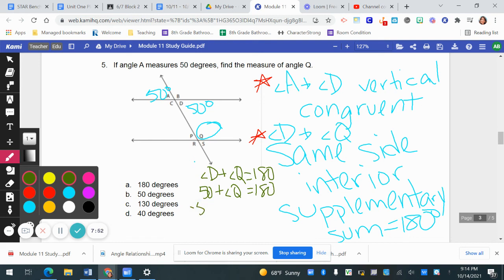Which means we would need to solve by subtracting 50 from both sides. And that leaves us with the measure of angle Q is 130 degrees. Therefore, my answer would be C.